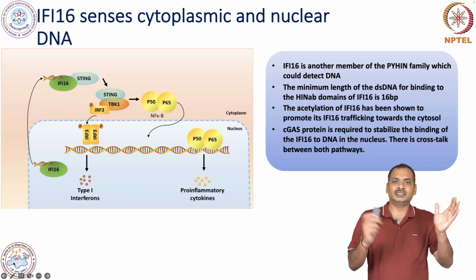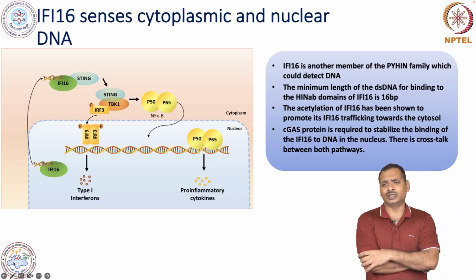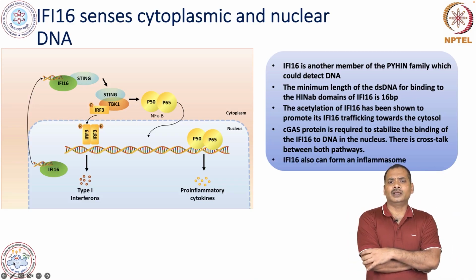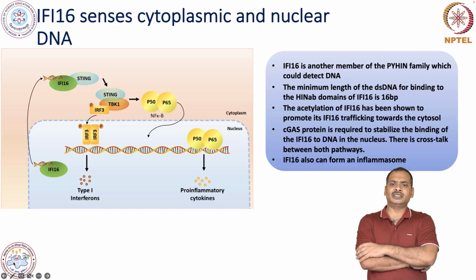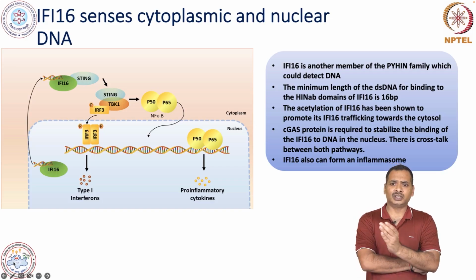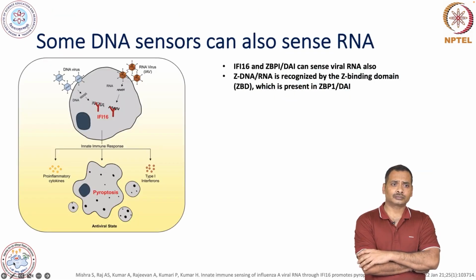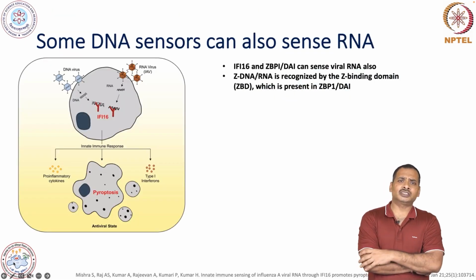So, cGAS and IFI16 at some places do have a crosstalk, okay. And IFI16 can also form an inflammasome. Probably you can understand, since this has a PYHIN domain, maybe it is involved in making the inflammasome. So, this is our study.